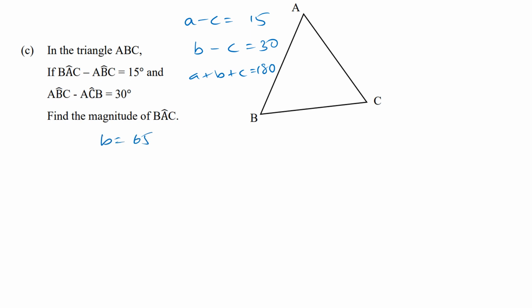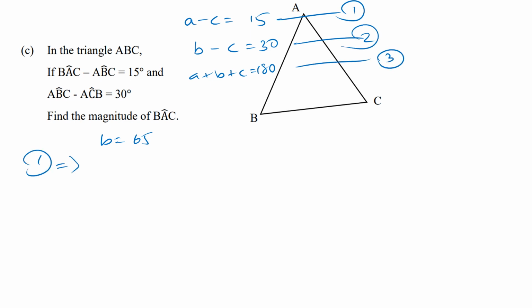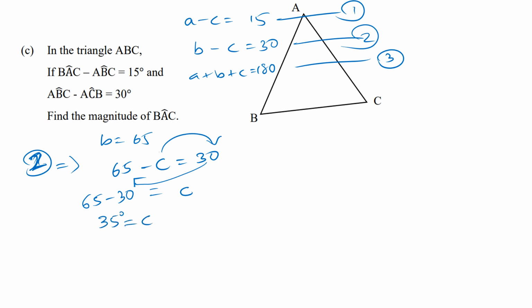Then we can make 1, 2, 3, and from 2 we have to get C, because B is there in the second equation. 65 minus C is equal to 30. Then you can take C to this side, and C is equal to 65 minus 30. We are going to take 30 here, and then it becomes minus 30. Then this is 35 equals C.